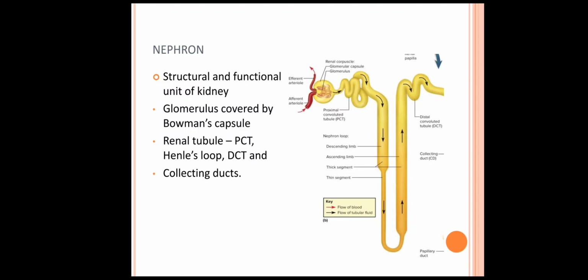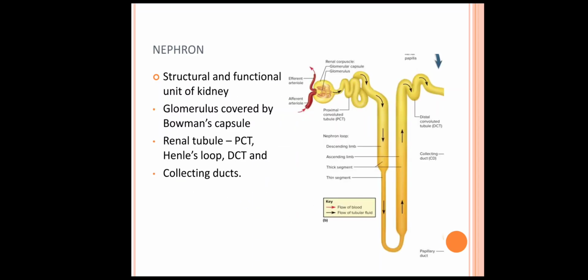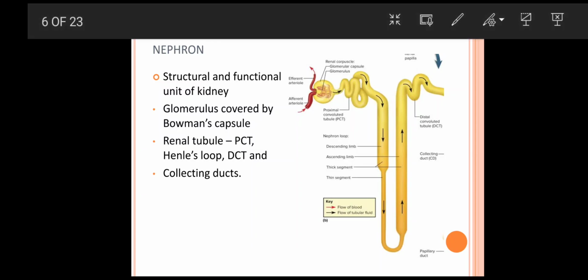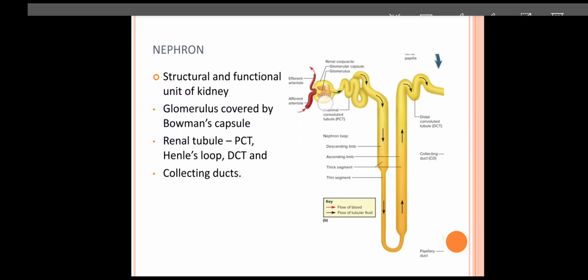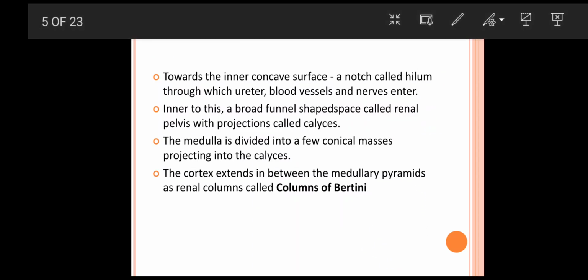As we all know that the cell is the structural and functional unit of life, likewise, the nephron is the functional and structural unit of the kidney. You can see that usually the nephron is divided into two parts. The one is the glomerulus and the other is the tubular part.